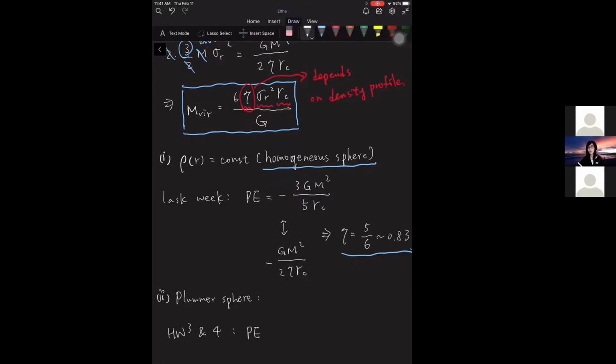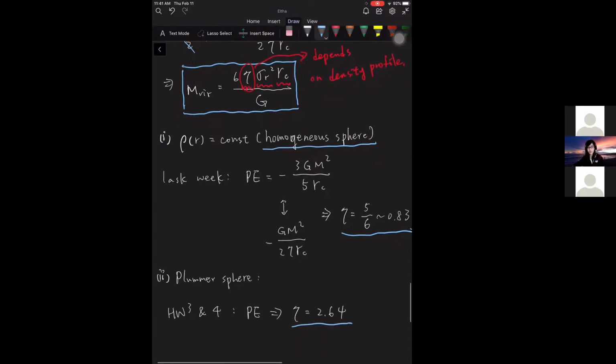So you went through this process and you get that eta is about 2.6. So you can see that for the same object, the density distribution between a uniform density sphere and a Plummer sphere is very different. So eta is also very different, right?